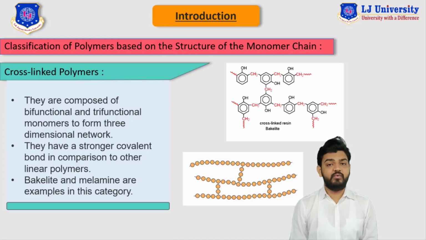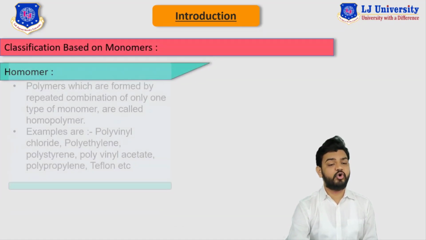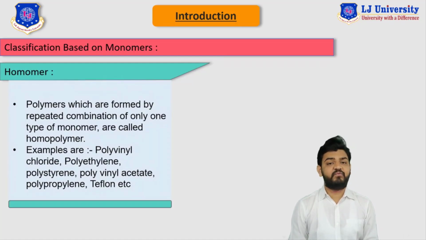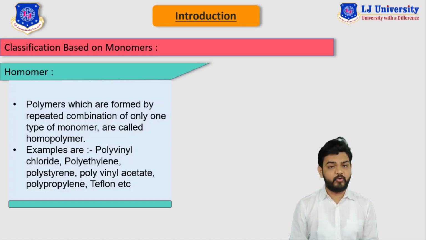Now let's continue our classification of polymer based on the monomer. We can classify polymers based on the monomer into different categories. First is the homopolymer and the second one is the copolymer. As the name suggests, homopolymers have a similar kind of monomer that is joined together with covalent bonds to form the structure of the polymer.